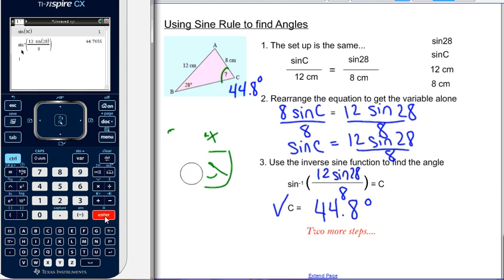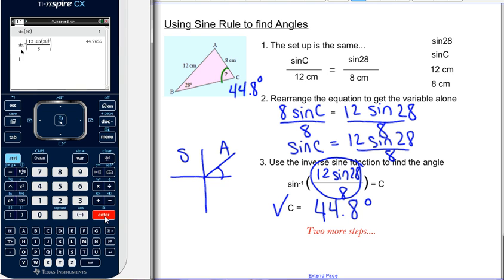It is possible that there is another solution. If you think about it in terms of solving a trigonometric equation, sine of C is positive. This is a positive value. So we're looking at our solution being possible in quadrant 1.